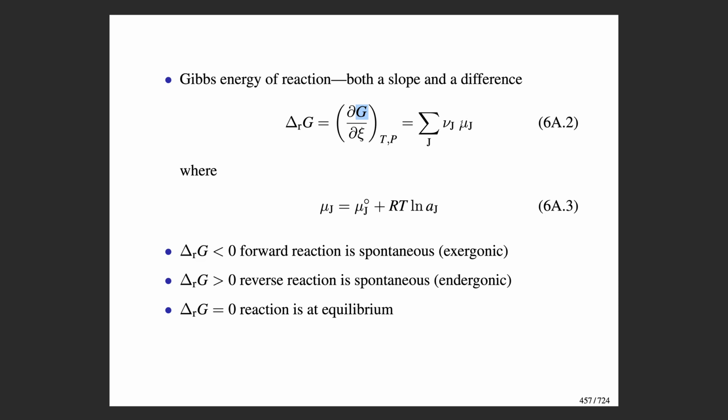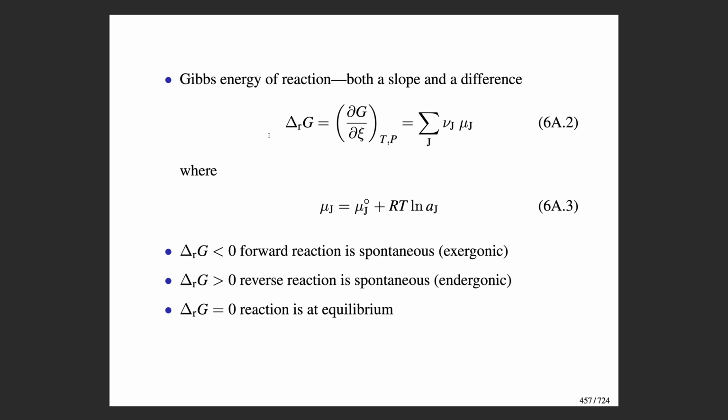For each of these components in the reaction mixture, the chemical potential of that component is referenced against some standard chemical potential plus a correction factor involving the activities, which we looked at in the last video of Chapter 5.